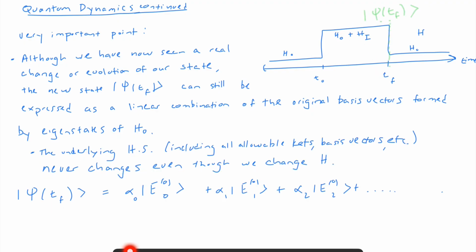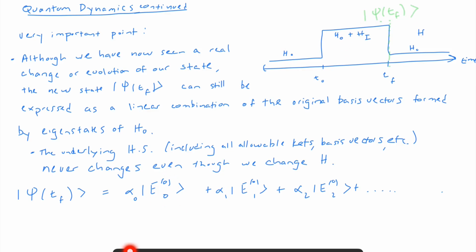So for example, let's go back to the example: we have psi, psi, psi, psi, psi, nothing changes, then something happens, and then we get a new psi, and after a certain amount of time, it'll be a new ket, which we'll call psi t sub f. That can still be expressed as a linear combination of our basis of H0. Remember, when we started, we just had an eigenstate here, so we just had one of these things.